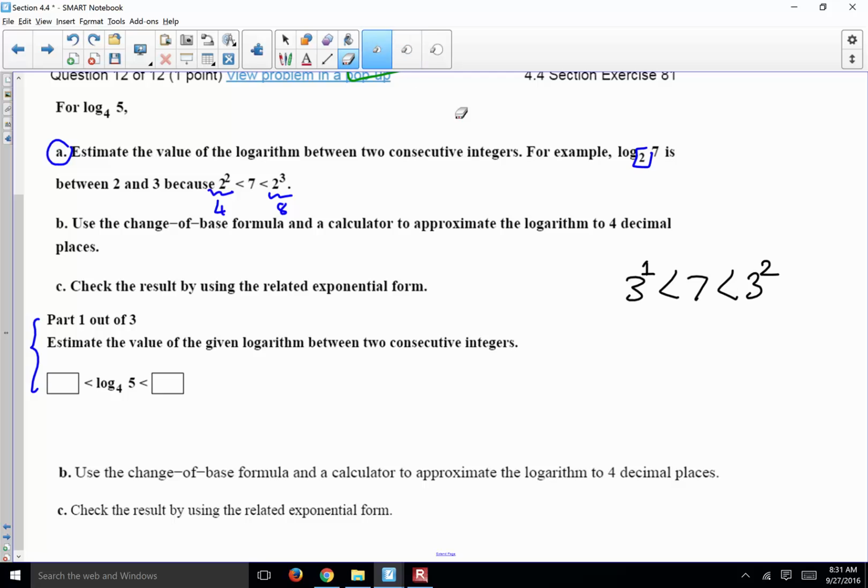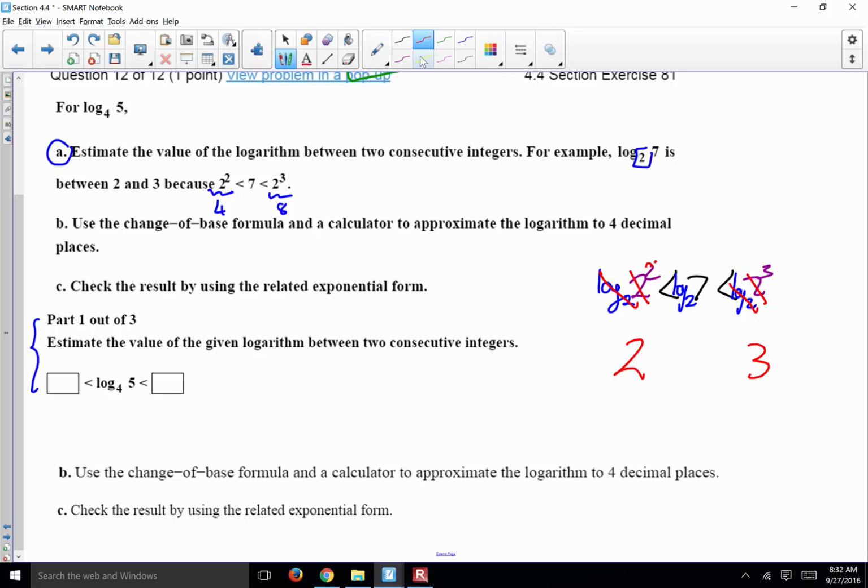When you choose powers of 2 here rather than 3, look what's happening. Watch. 2 squared and 2 cubed here, right? When I take logarithm of all three sides with base 2, log base 2, log base 2, and log base 2, these two cancel and this guy comes here. These two cancel and this guy comes here.